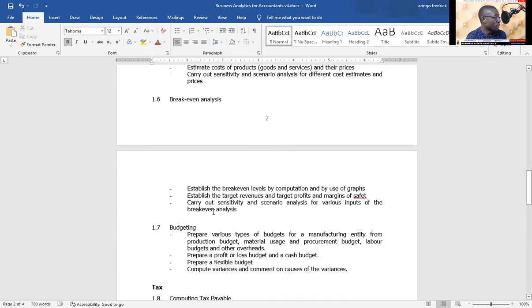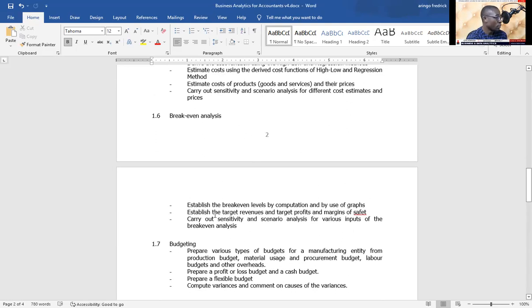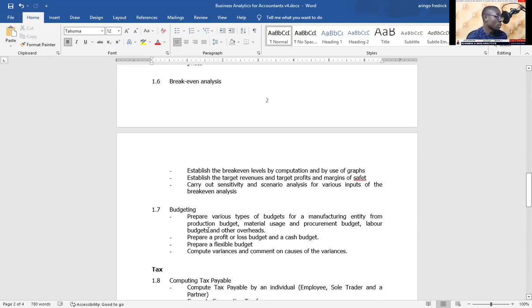Talk about break-even analysis. All of us, I know you're very familiar with the break-even analysis. You're having the aspect of budgeting. Budgeting, in this case, we had talked about the concepts of flexible budget, and more so, these normally tend to affect us practically, because anytime you are preparing your budget, right?